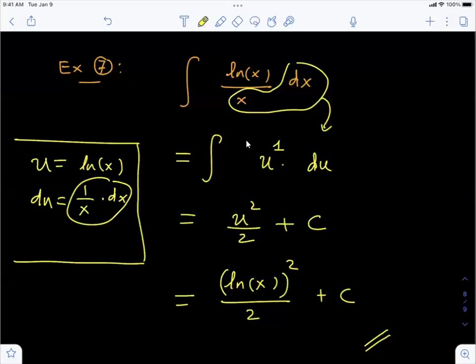At the same time, recognizing whether a given problem is on the proper path of a u-sub or not is essential as well. Not all problems can be handled by using a u-sub.